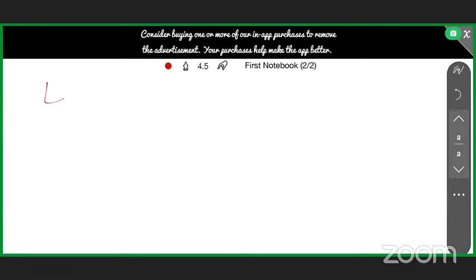Point 4, 1. Actually, the question that we solved just now was asked in JEE Mains in the year 2016.